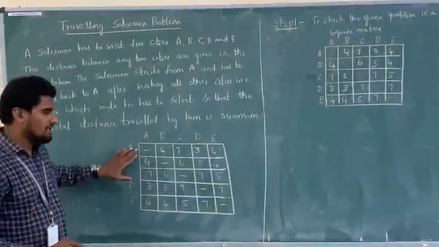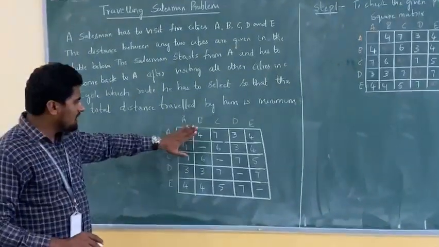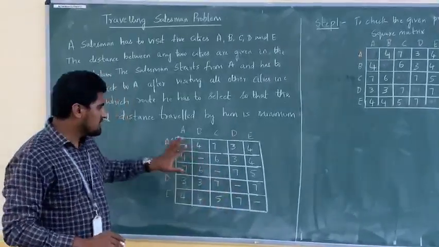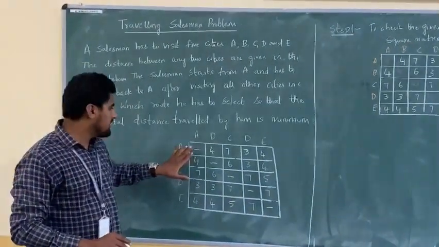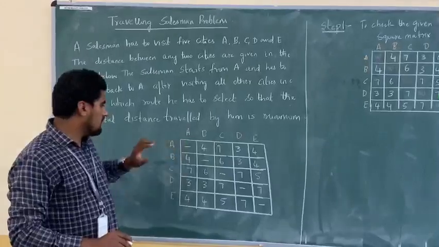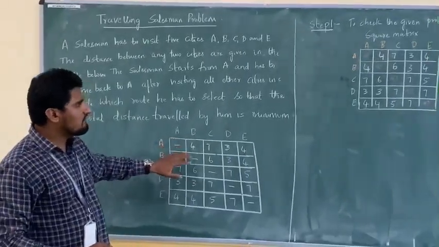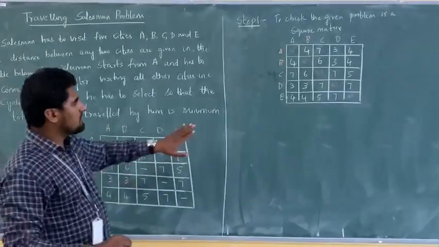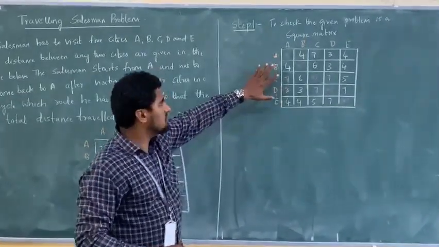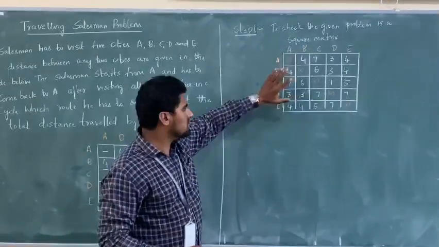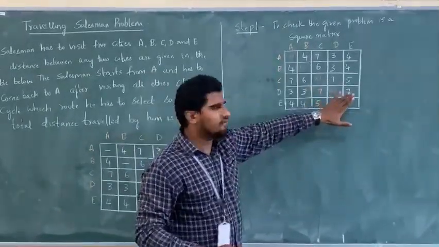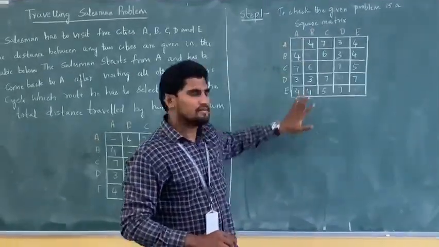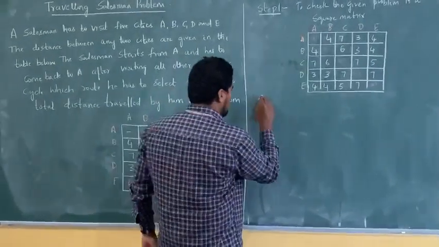Similarly, in any of the assignment problems, if you come across this dash, it is nothing but a restricted or prohibited assignment. At that time you have to replace it with infinity. I hope this step is clear. You have to check whether it is a square matrix. Yes, it is a square matrix, and we have introduced infinity for the restricted or prohibited regions. We shall move on to the next step.